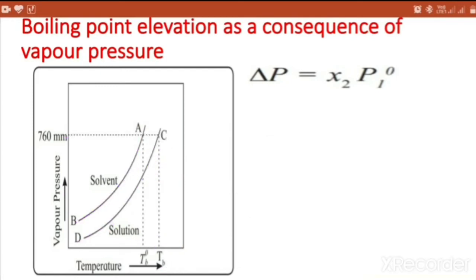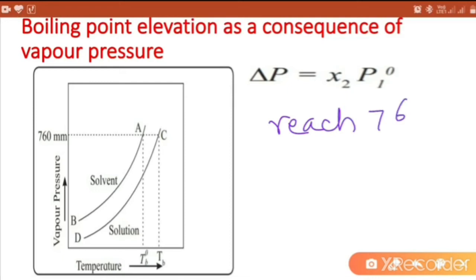Hence, the vapor pressure of solution needs higher temperature to reach 760 mm pressure or 1 atmosphere pressure.